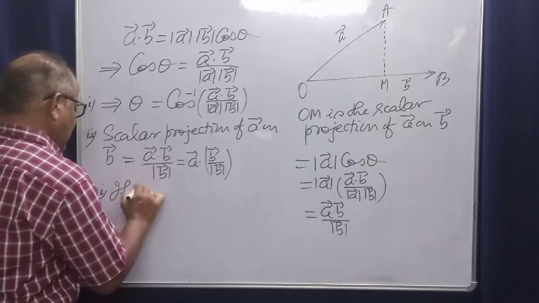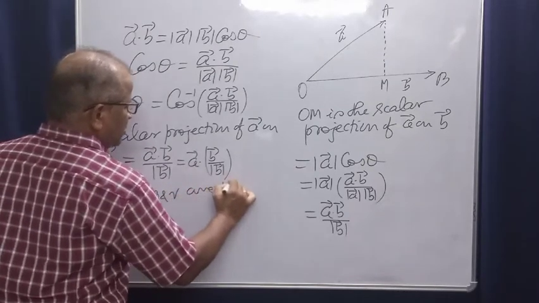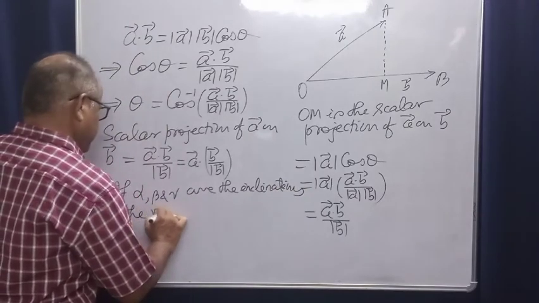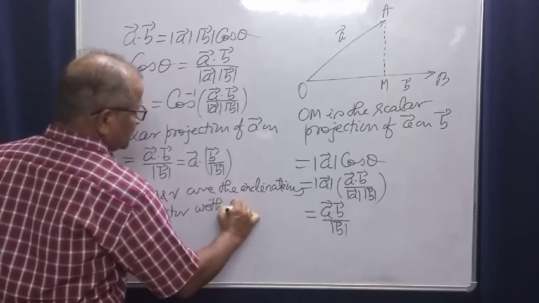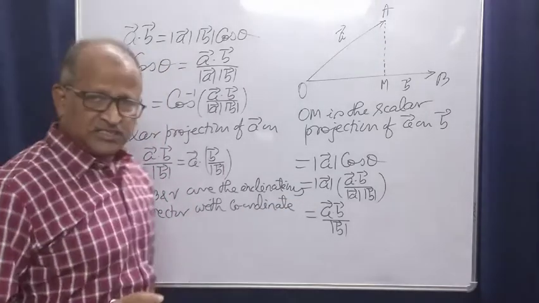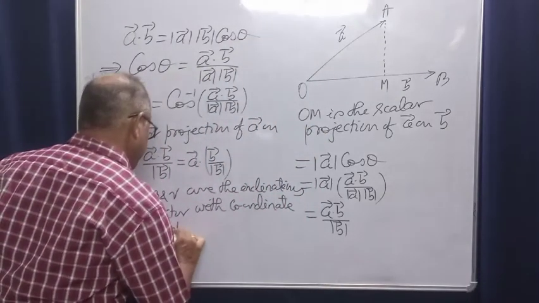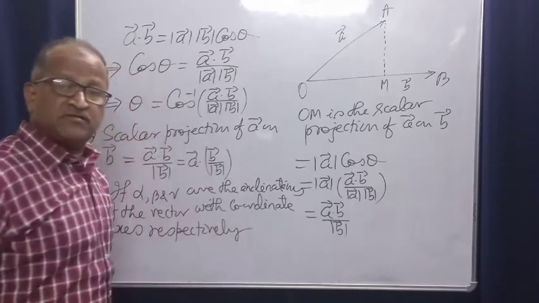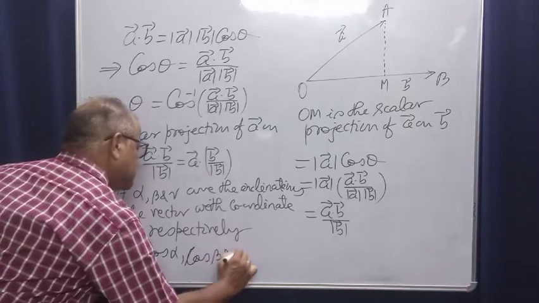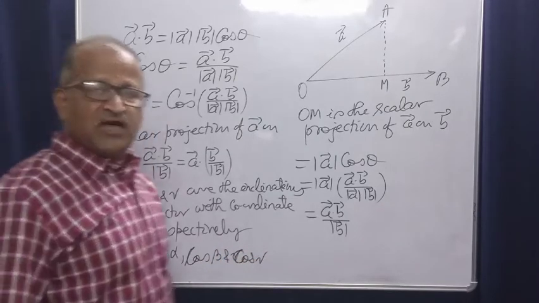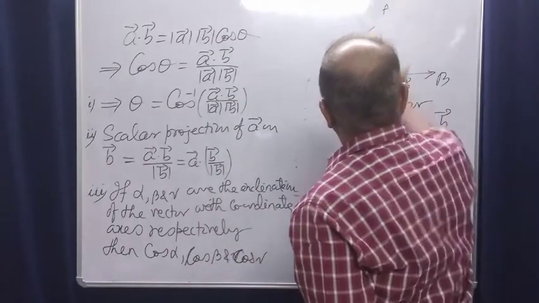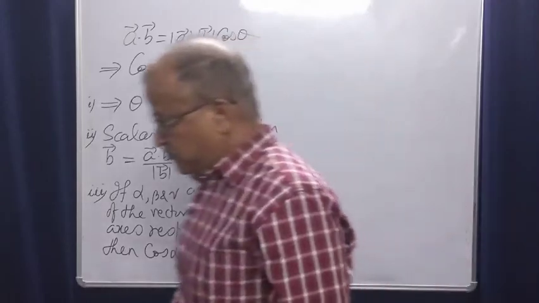That means if alpha, beta and gamma are the inclinations of the vector with the coordinate axes x, y and z respectively, then cos alpha, cos beta and cos gamma are called the direction cosines of the vector.